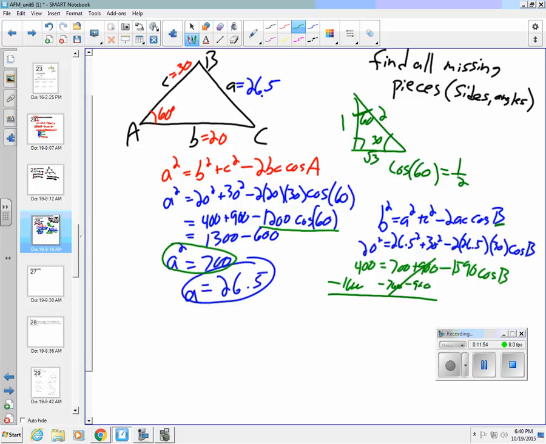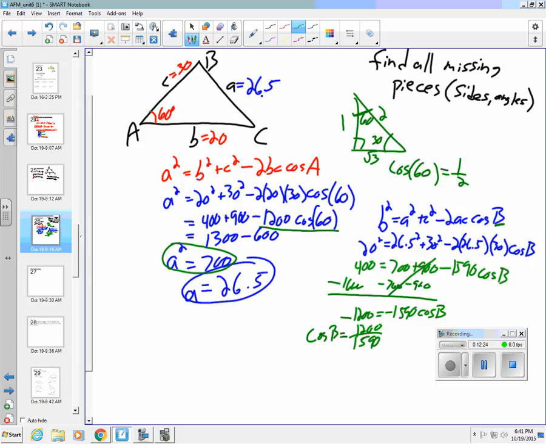So we'll have negative 1200 on the left-hand side equals negative 1590 cosine b. The last thing to solve for cosine b is to isolate the cosine and divide by negative 1590. Negative divided by negative makes it positive, so cosine b is 1200 over 1590.